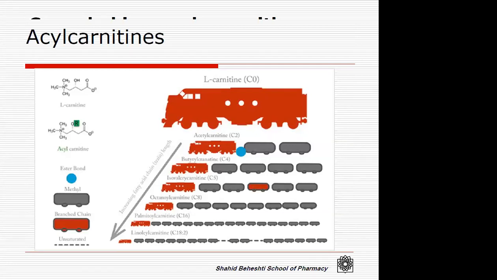In all of these processes, there are enzymes involved. If the enzymes are not working well, then we will have the accumulation of that fatty acid, and the accumulation of fatty acid in the blood is going to cause metabolic disorders. Next slide, please.